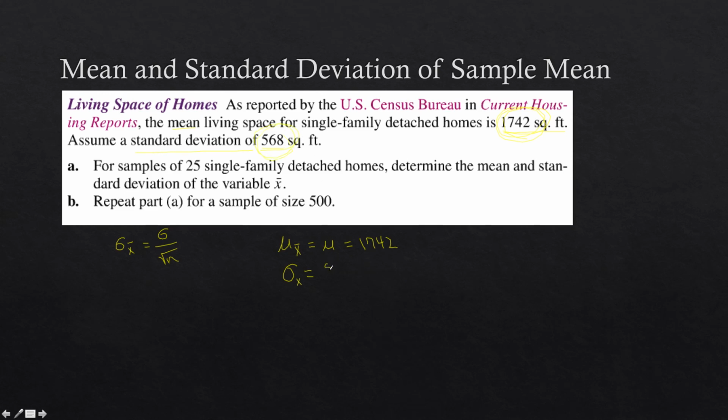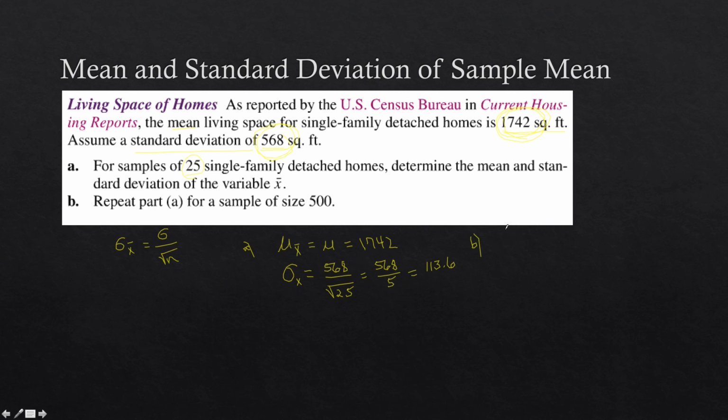That's 568 divided by the square root of our sample size. Our sample size in letter A is 25. So this is really 568 divided by 5, which if you punch that out, should give you 113.6. That's letter A.